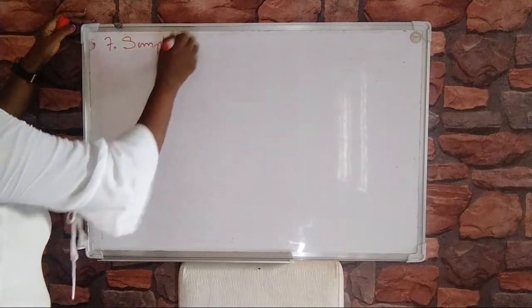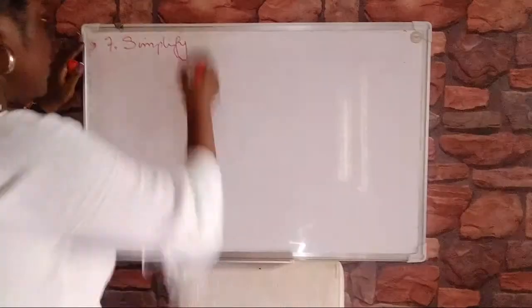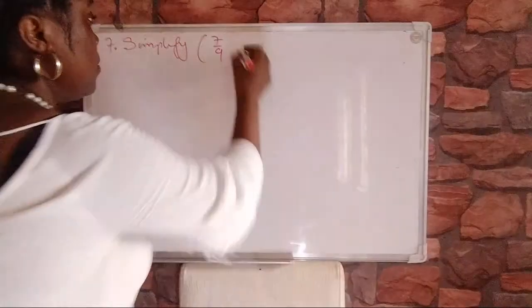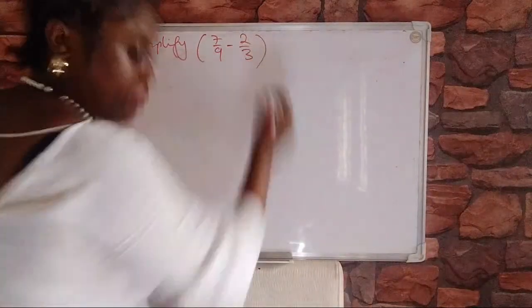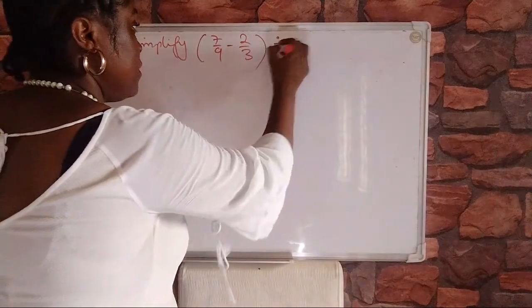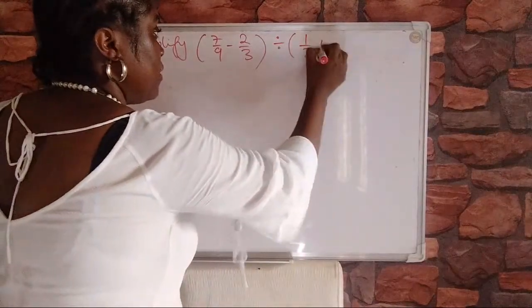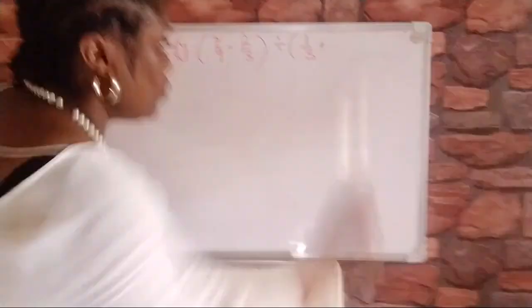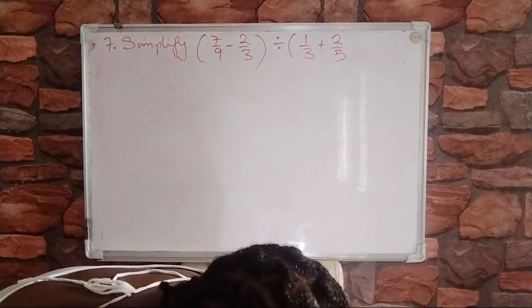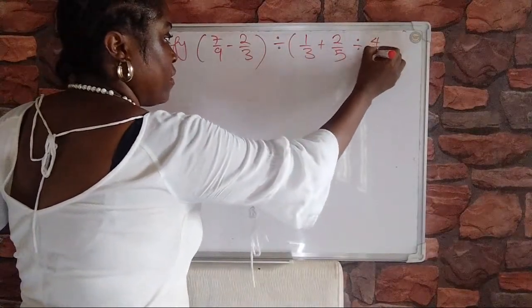Simplify 7 over 9 minus 2 over 3, divided by 1 over 3 plus 2 over 5, divided by 4 over 5.